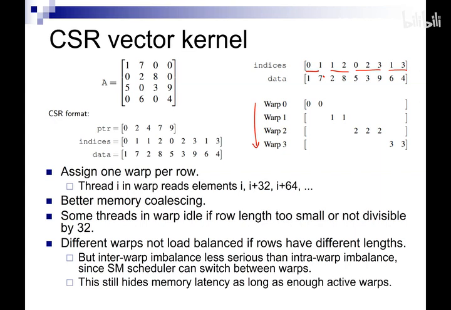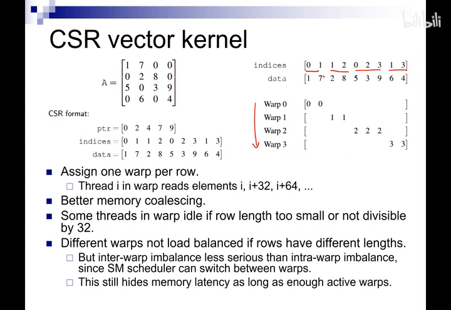Furthermore, different warps can have different amounts of workload. If you have a row with, let's say, 10 elements, and then you have another row with 1,000 elements, then in the first row you have a warp assigned to that, so each thread only gets 1 element, or sometimes 0 elements. Whereas for the big row, each thread is going to get 1,000 divided by 32, so like 30 elements.